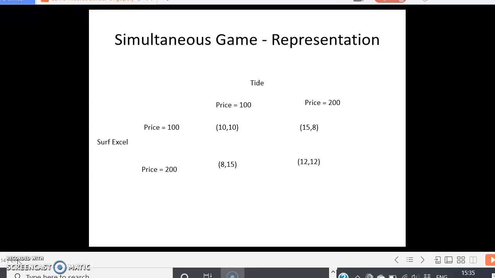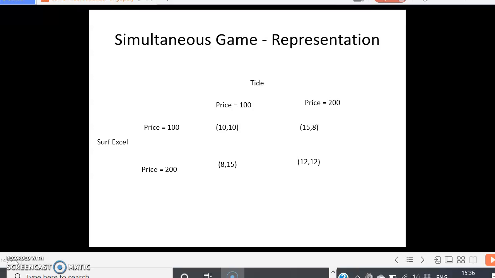So such a matrix represents the various payoffs that can happen under this kind of oligopolistic scenario. As we can clearly see, if both of them price their product at 200 without knowing that the other party is also doing so, they will both end up with very high payoffs of 12 and 12 each.